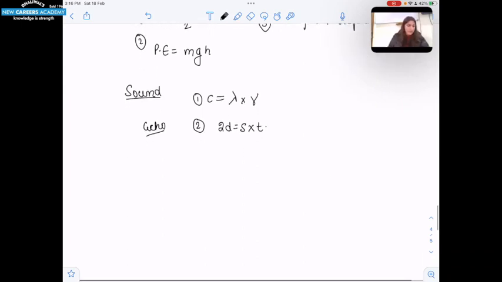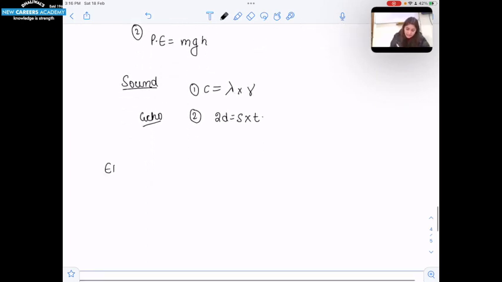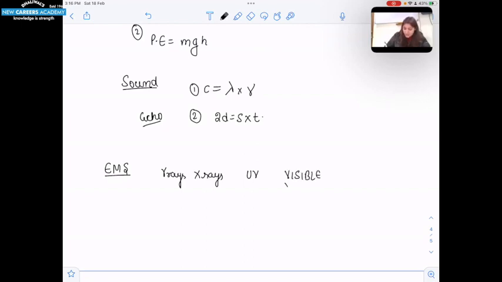Next is the EMS, the order of the electromagnetic spectrum, which is very important to remember. First we have gamma rays, then X-rays, then UV rays. In the middle we have the visible part, or we can write Vibgyor here.